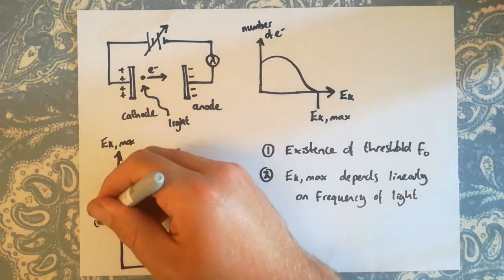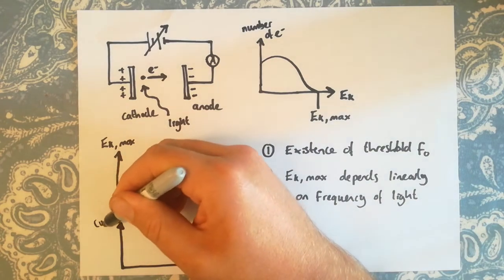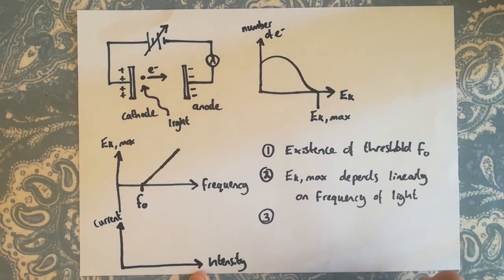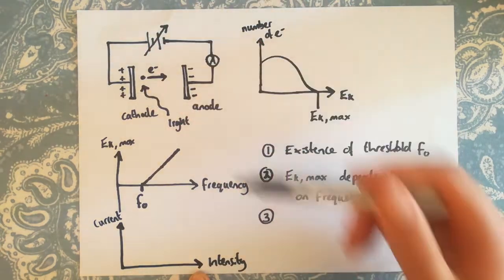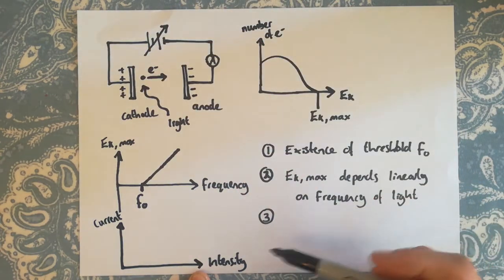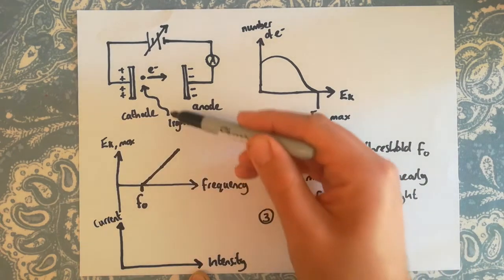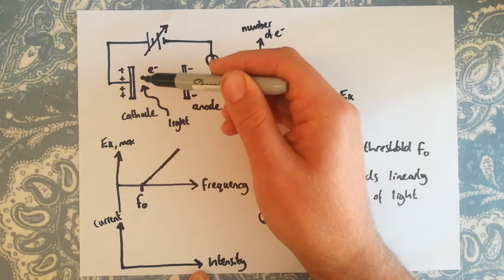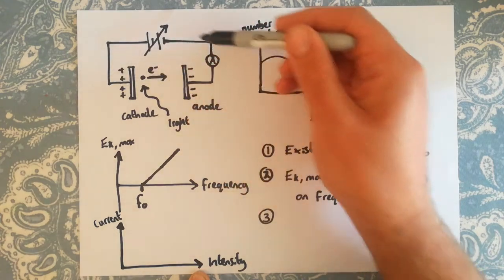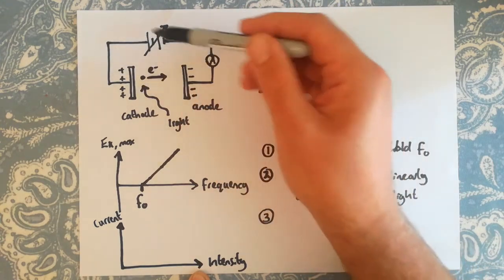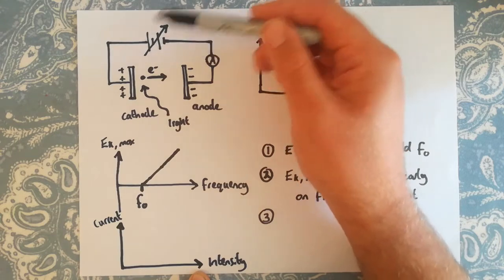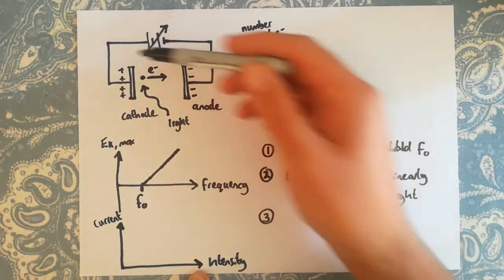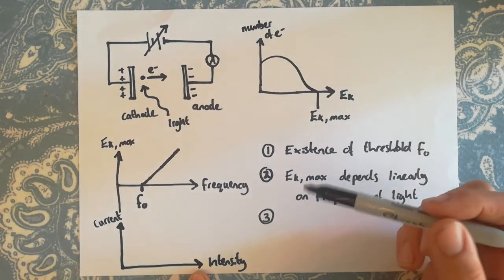So I'm going to label this axis here as the current. It's the flow of electrons around here. So if we change the intensity of light that we're shining onto the cathode, and for each different intensity we measure the current, we're fixing some fixed value of the potential here. We're not changing that anymore.